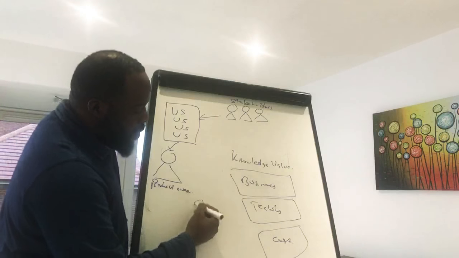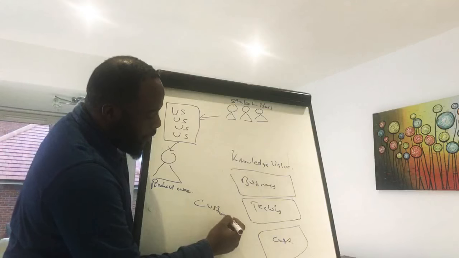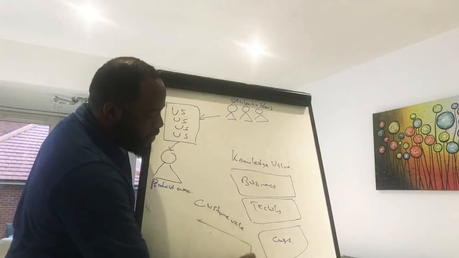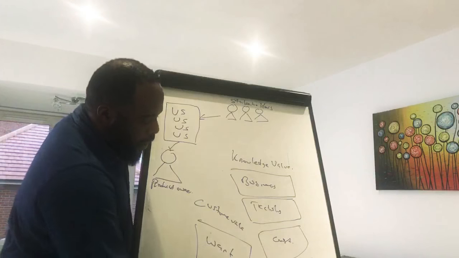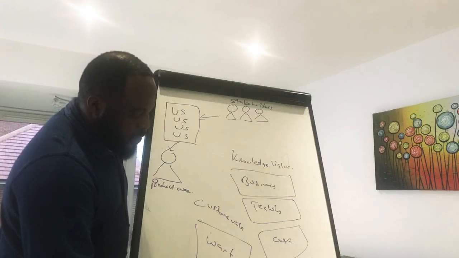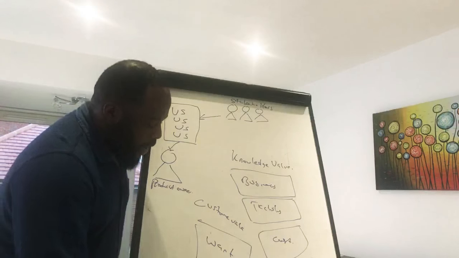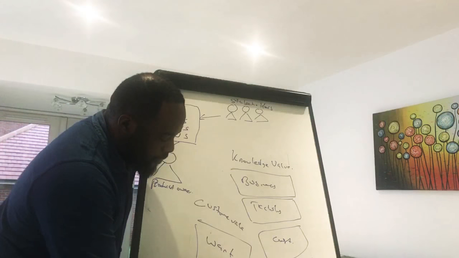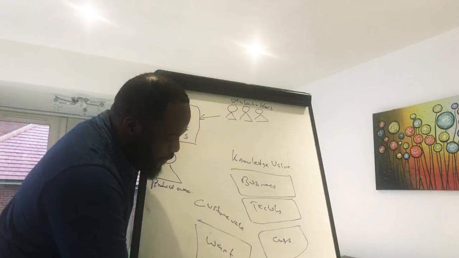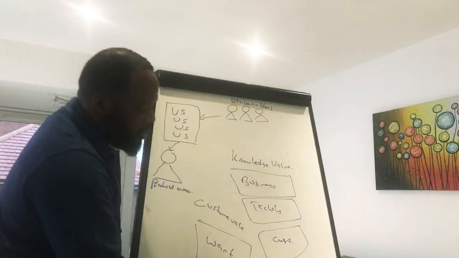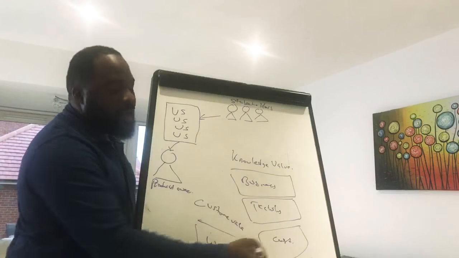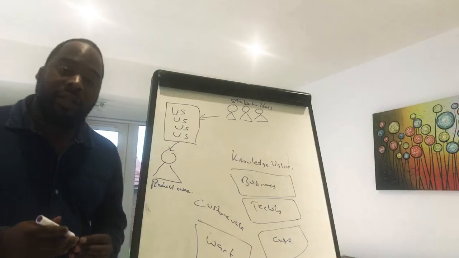Then the other area for him is the customer value. What exactly does this customer want? And how do we meet the needs of this customer at the right time? Bearing in mind that you have to make sure that it's in line with the business value as a whole.